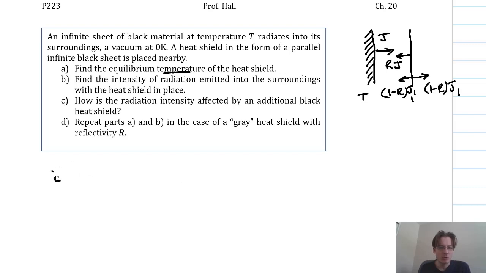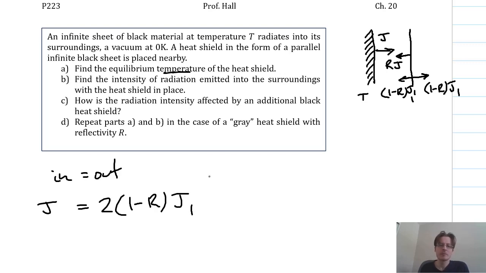So we have to have in equals out at equilibrium. What's coming in is J. What's coming out is 2 times 1 minus R times J1, from the emission on both sides of the shield. And also what's coming out is the reflected part, plus RJ.